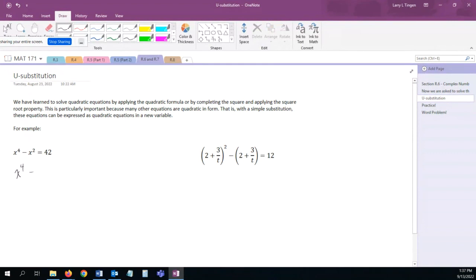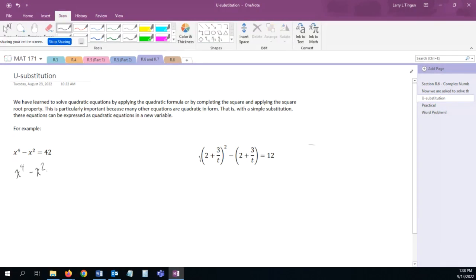If I get everything on one side, it's going to be minus 42 equals 0. If I squint my eyes a little bit, if that were x squared minus x minus 42, we could factor this, right? Everybody would be able to factor that. 7 and 6, negative 7 and a positive 6 to be specific.